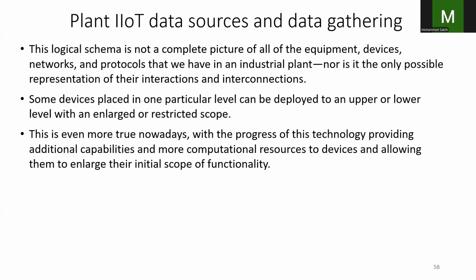Devices initially placed at one level in the architecture may be reassigned to other levels depending on operational needs, either expanding or limiting their scope. With technological advancements, devices now offer additional capabilities and computing power.